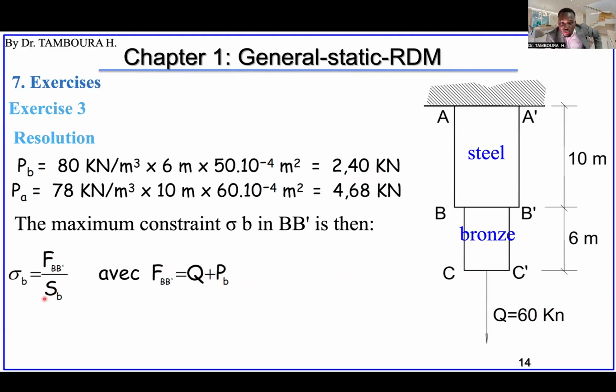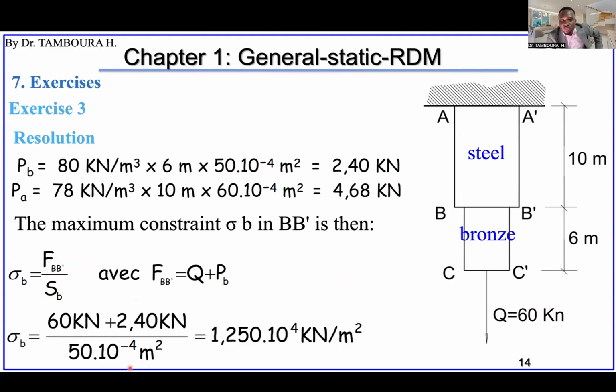And the section is the section of the bronze. So it will be just like this, very simple. 60 plus 2.4 divided by the section of the bronze. You should not divide by the section of the steel, because you want the stress in the bronze, not the stress in the steel at this position.